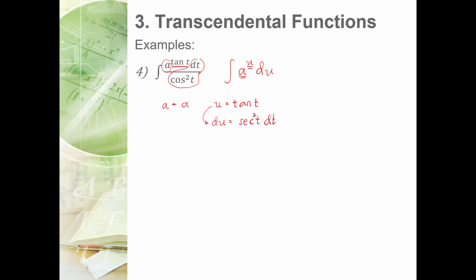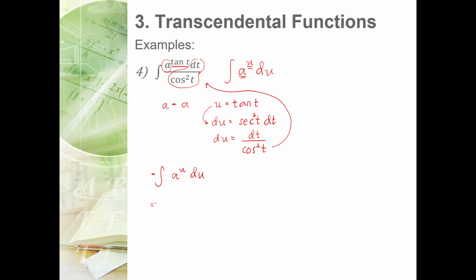Diba? And then if you observe even further, secant can be declared as 1 all over cosine. So that's dt all over cosine squared t. So notice that this term here is du. Okay, so we can replace now. So we now have a to the power of u du.